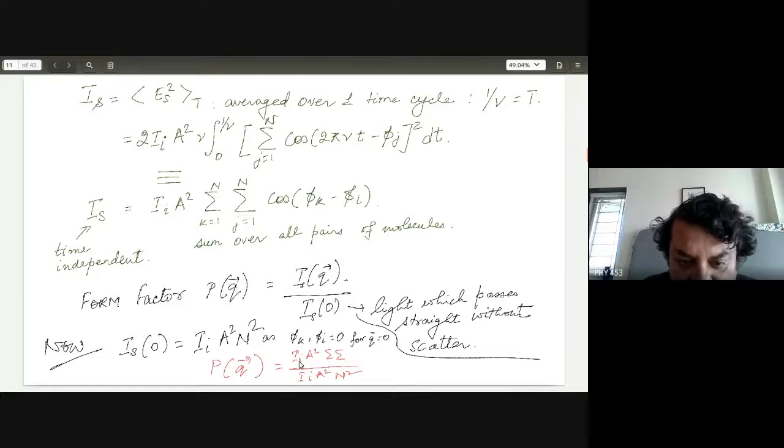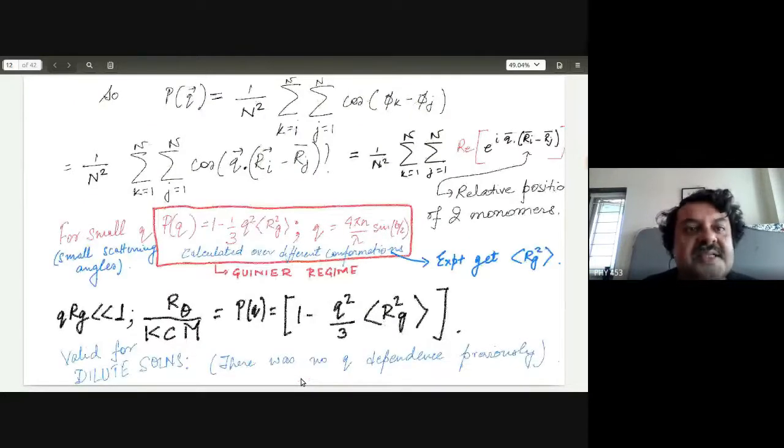So P(q) is E_i into A square, double sum over all possible scatterers, and the one which has gone straight is dependent upon the number of scatterers. So basically A square cancels, E_i, the incident light, cancels, and what remains is that the form factor is essentially dependent upon 1 by n square summation k equal to 1 to n, j equal to 1 to n of cos of phi k minus phi j.